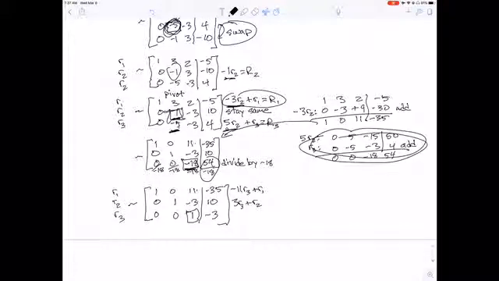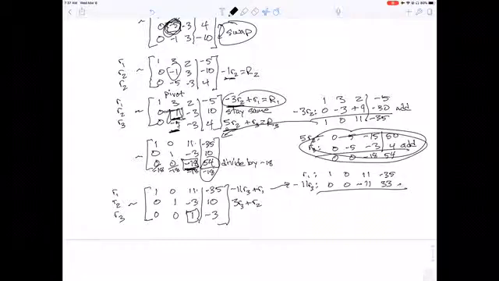Let's do the scratch work on that. So negative 11 times row 3 is 0, 0, negative 11, and positive 33. And the current row 1 is 1, 0, 11, negative 35.